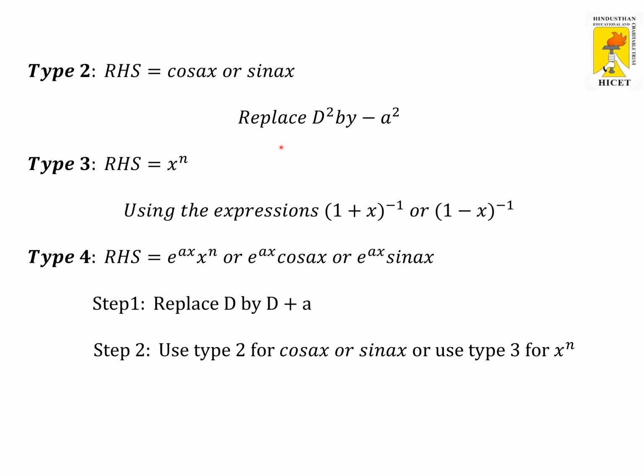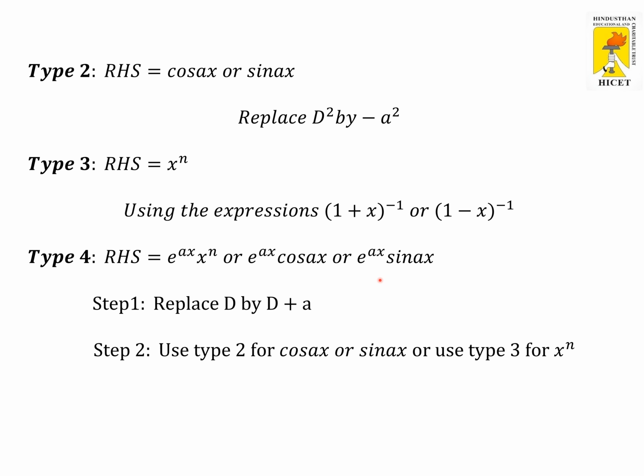In type 3, if f of x is in the form of x power n, then using the expression either (1 plus x) the whole power minus 1 or (1 minus x) the whole power minus 1, we can find the value of the particular integral. In type 4, if our f of x is e power ax into x power n, or e power ax into cos ax, or e power ax into sin ax, then in this type we have two steps.